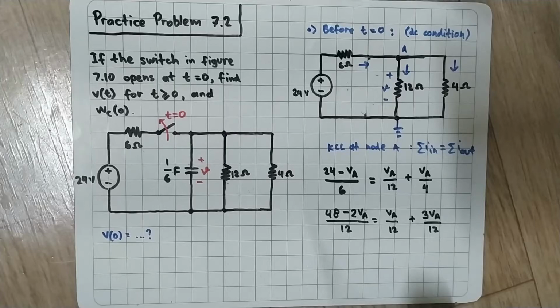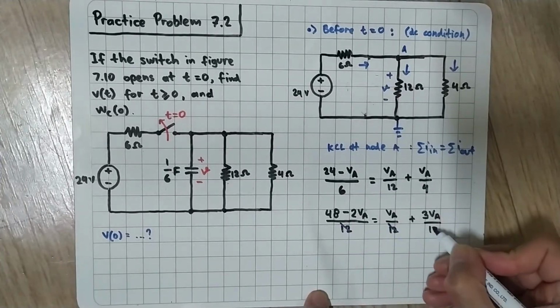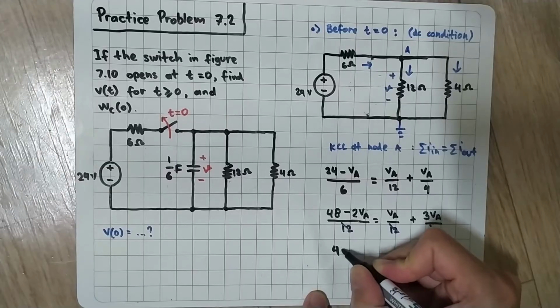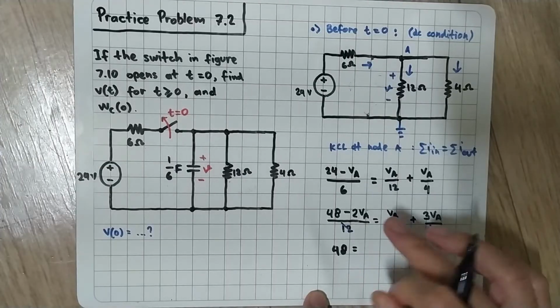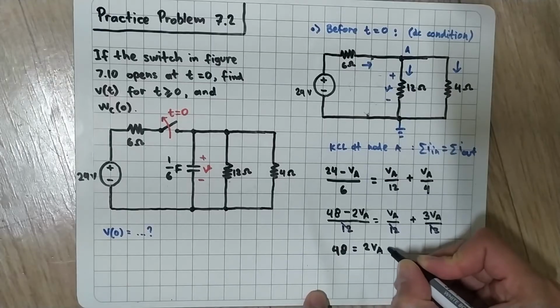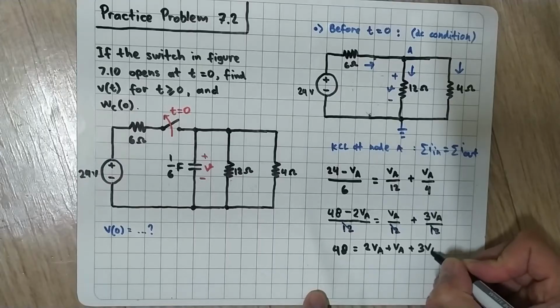And so we can cancel all this 12. Then we have 48 is equal to, I will move this 2 VA to the right hand side, so I will have 2 VA plus VA plus 3 VA.